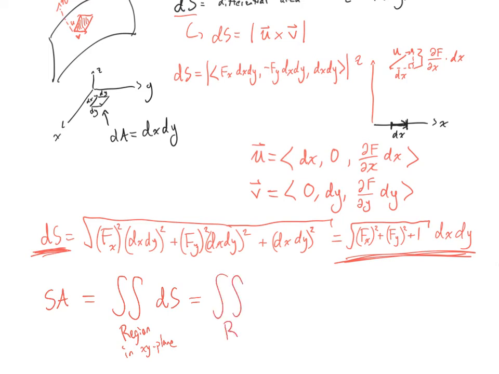And what it'll compute is the surface area above that region R. So the integral of the square root of fx squared plus fy squared plus 1, dx dy, is the surface area above R on the surface z equals f of x, y. In the next video, we will use this formula to compute some surface areas.